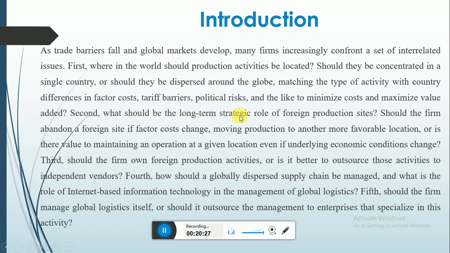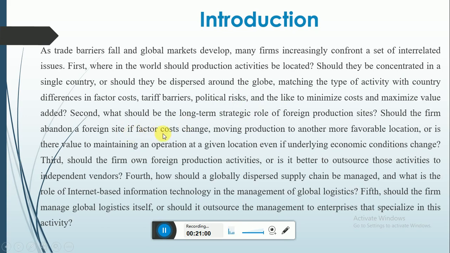Second, what should be the long-term strategic role of foreign production sites? What is your long-term strategy? If you're planning to produce in China, nowadays we see many companies leaving China because of high wages. Slowly they have increased the wages. Some companies are leaving China and moving to Taiwan and South Korea in order to reduce costs. So you need to have a long-term strategy as well.